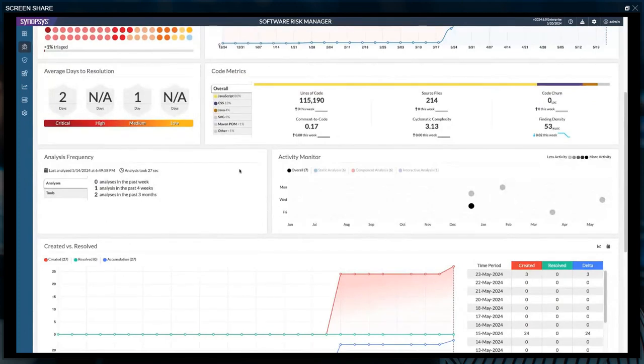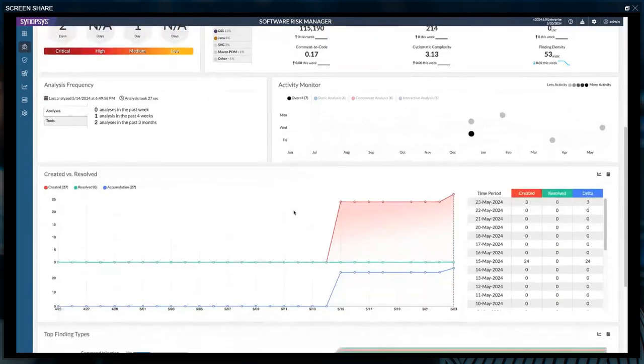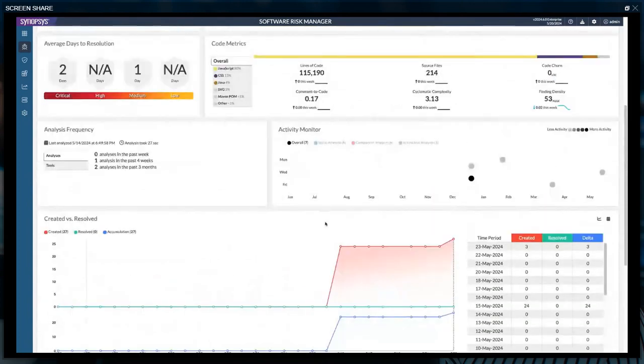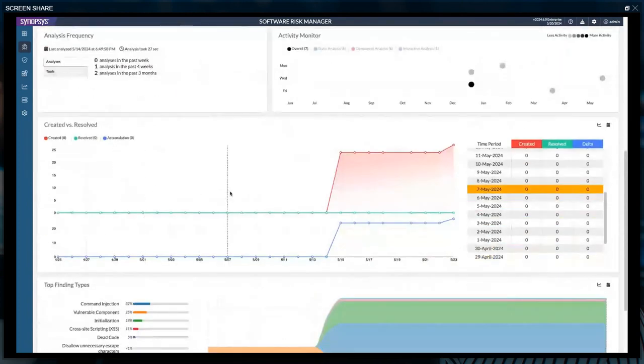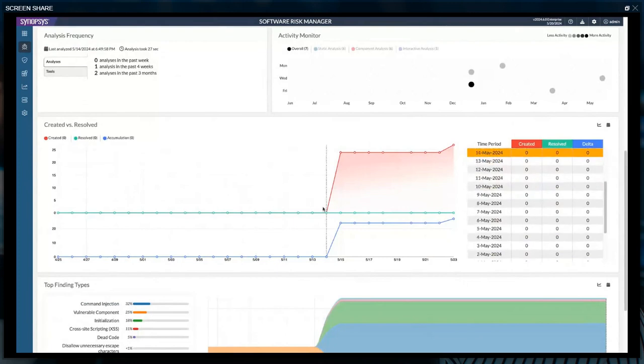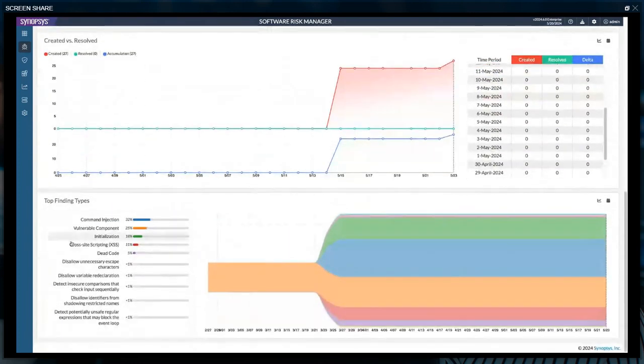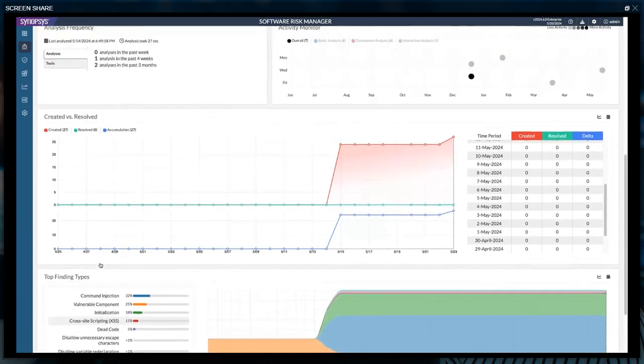You can monitor that easily across all your different tool sets. Are you fixing things faster than they're coming in? Are you making progress or are you falling behind? As well as things like, okay, what are the most common finding types? What are the areas that perhaps we need to do training and education around and focus on? And so you get all of that visibility when you're able to centralize this view.